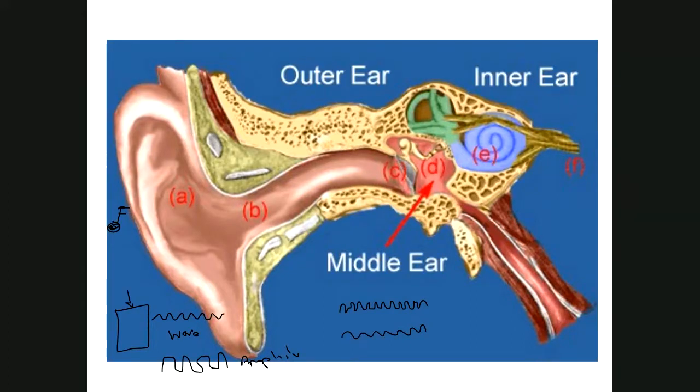If I measure the distance between these peaks, I get what's called the wavelength. And the wavelength determines the pitch, whether it's a high-pitched sound or a low-pitched sound. And the way we measure pitch is by how many of these waves there are per second. That's called frequency.